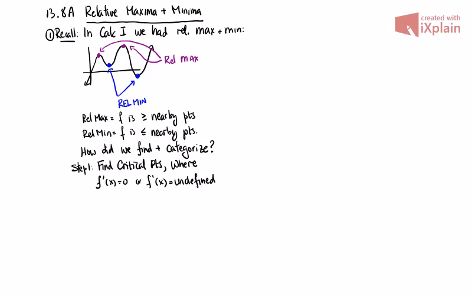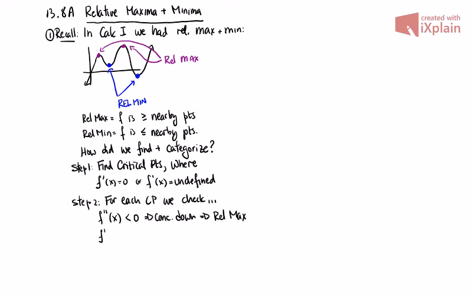Right? So then, what we typically do for step 2 is the second derivative test. So for each critical point, we do a check. We look at f double prime. If we get something less than 0, the way we think about it is less than 0 means concave down, and this tells us it's a relative max.